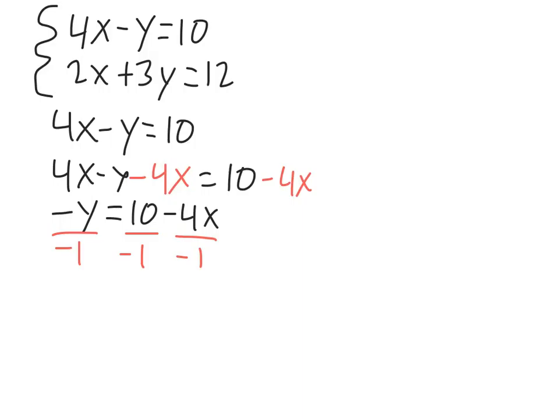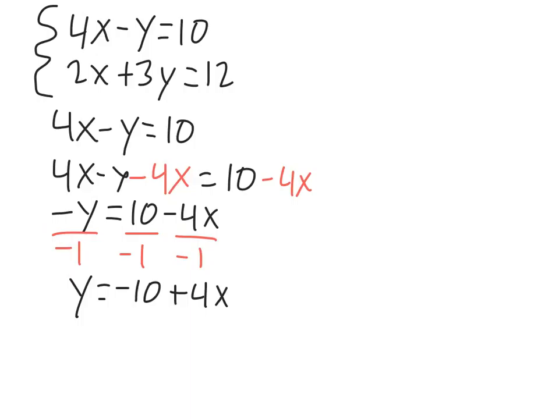So on the left side, the negatives cancel to leave y. On the right side, we've got -10 and then plus 4x, because the negative and the negative cancel out here to make this a plus. So the minus turns into a plus.